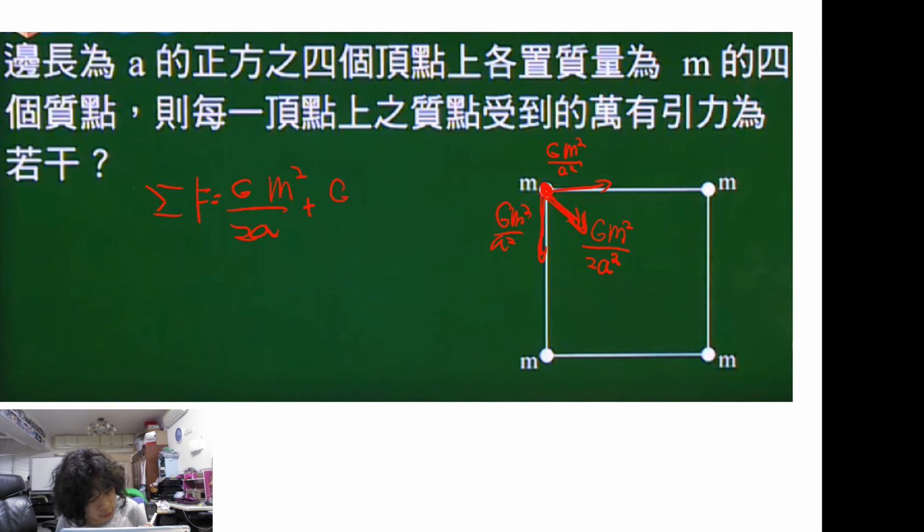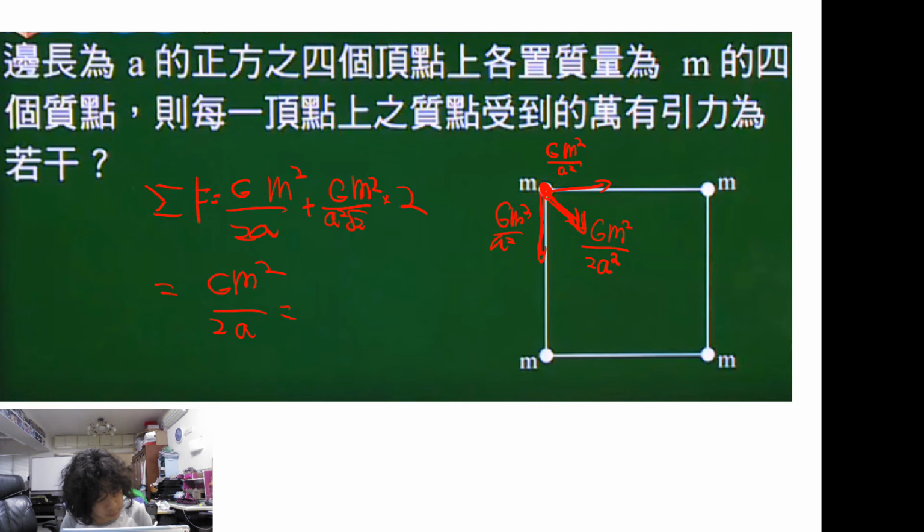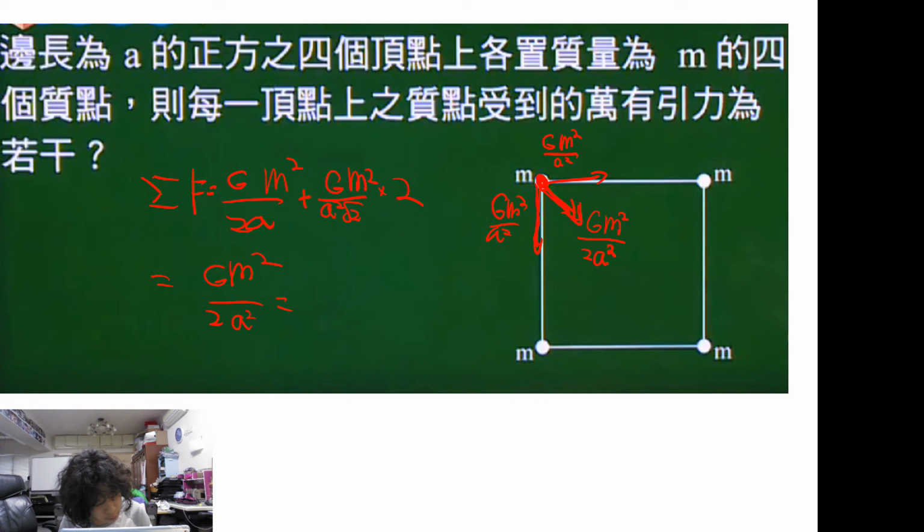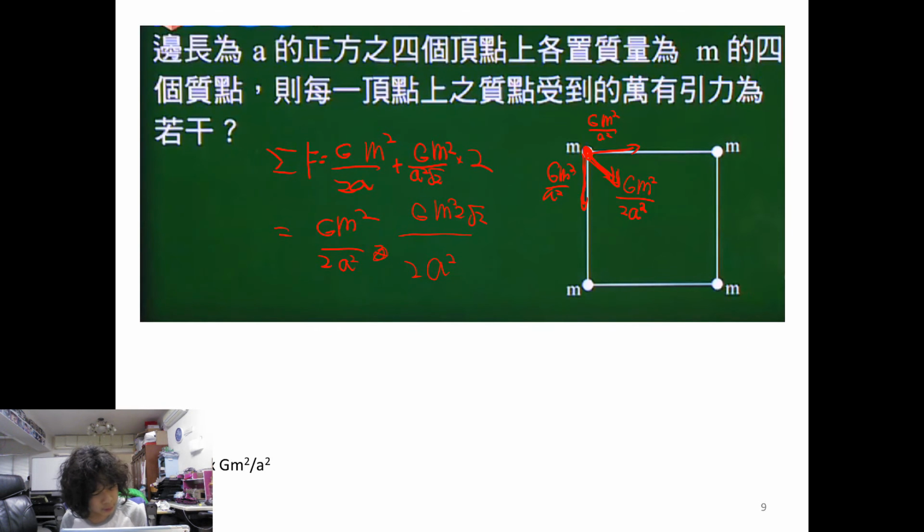Gm² divided by a² square root of 2, and then times 2 because there are 2 of it, which equals 3m² over 2a², plus 3m² over 2 square root of 2. Okay, and right here is plus. Now you can calculate it.